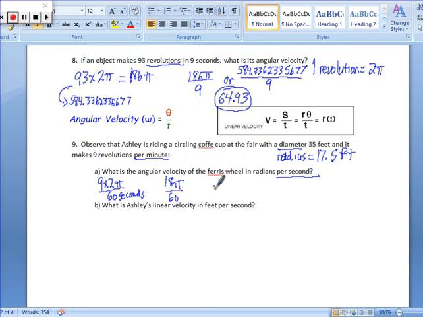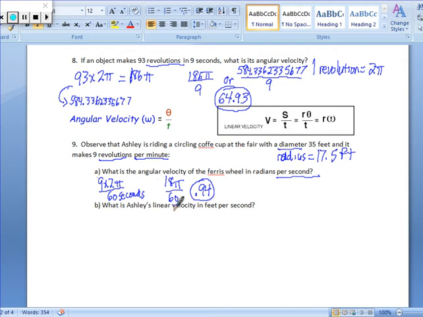So when you do 18 pi divided by 60, let's go ahead and plug that in. This says 0.94. That will be your answer, because here we have to change this to radians. That's where we get 18 pi, and since it says per second and this is per minute, we have to divide by 60 seconds.